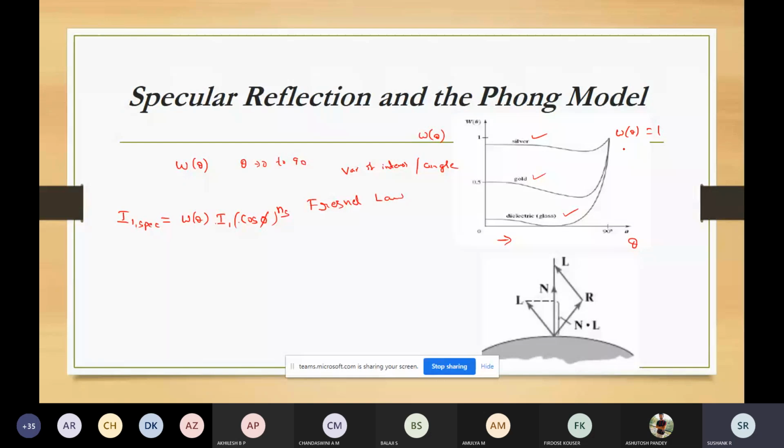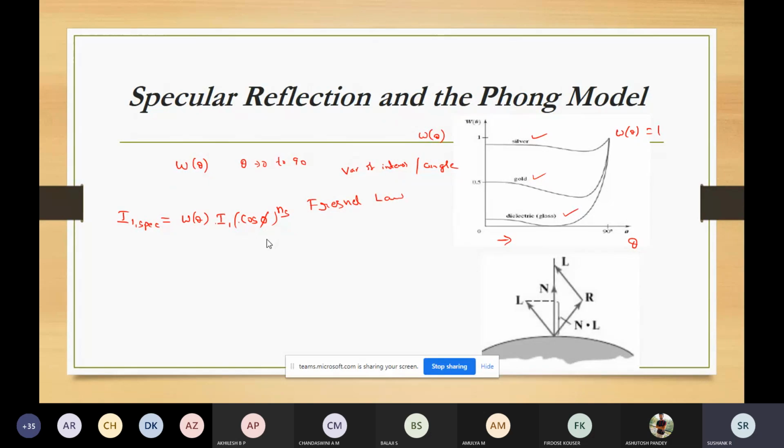You should consider this also, because of the nature of the material. And the specular reflection will be almost constant for all the incident angles in case of these opaque materials.